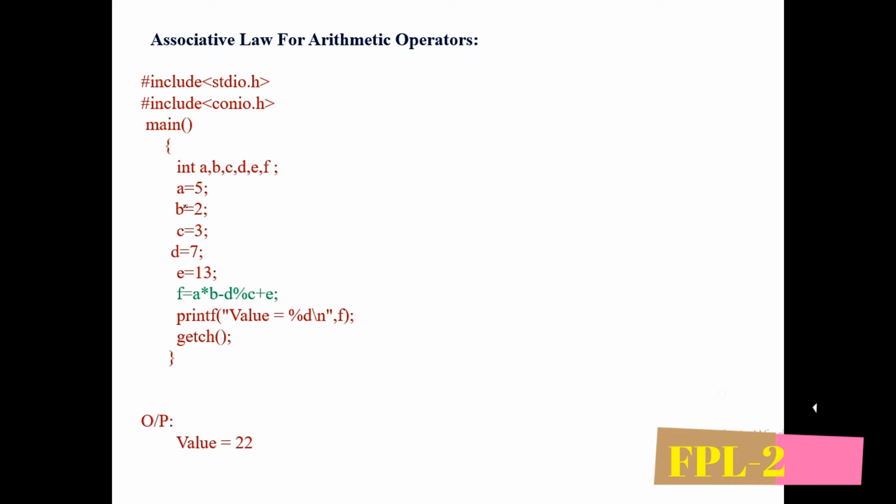Here we will look at this example, a is equal to 5 and b is equal to 2. What we want is to divide 5 by 2, and we want the remainder after this division.